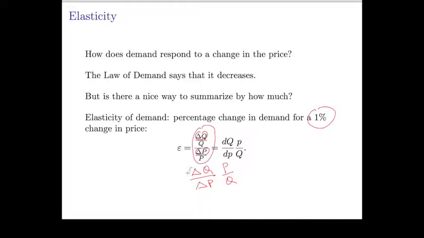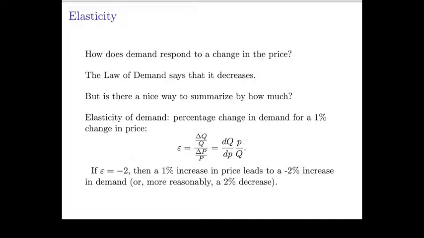We typically use this triangle, the capital Greek letter delta, to represent change. As that change gets very, very small, and we take the ratio of those changes, we get the derivative. So the derivative of quantity with respect to price times price divided by quantity is elasticity.